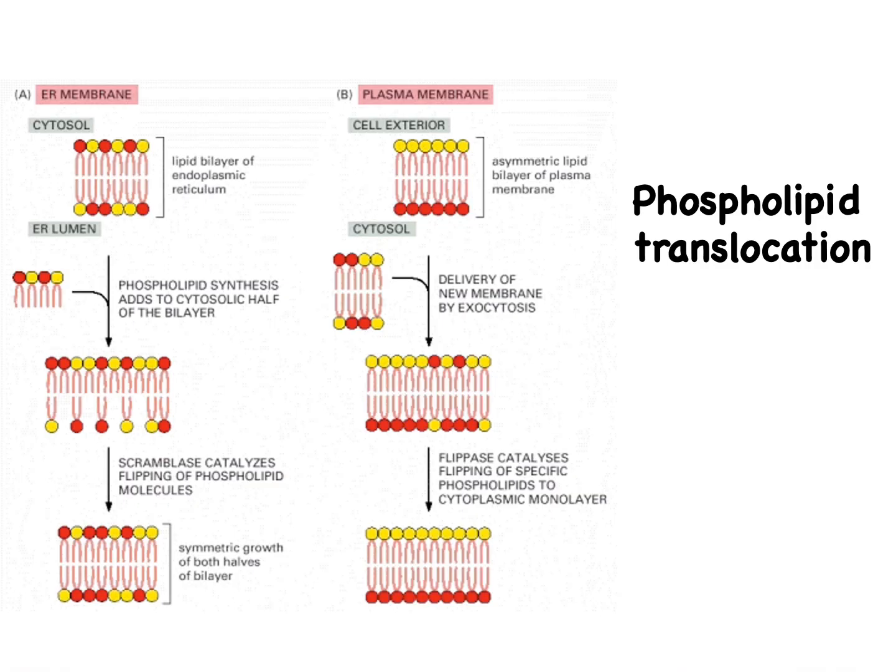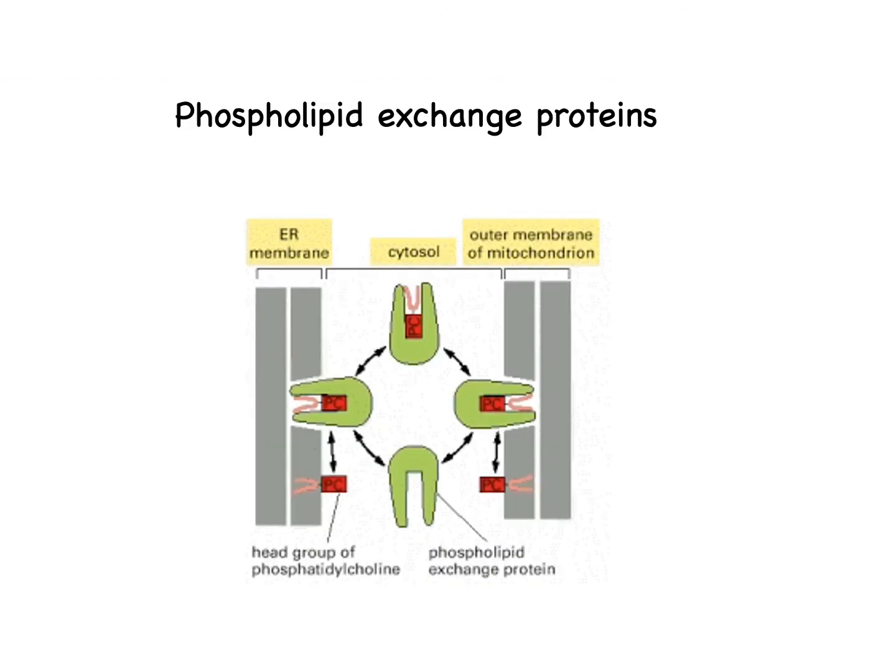And this is showing a schematic of that happening. Again, all the lipids are synthesized on the one side of the ER membrane on the cytosol side, so inside the cell, and then they can be flipped over to the other side. And there are proteins that carry this out.